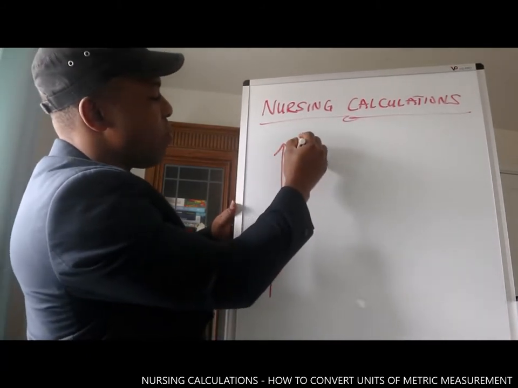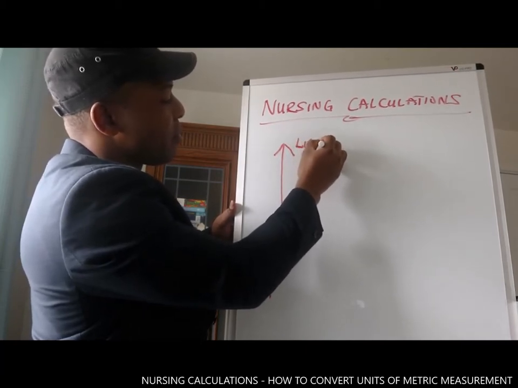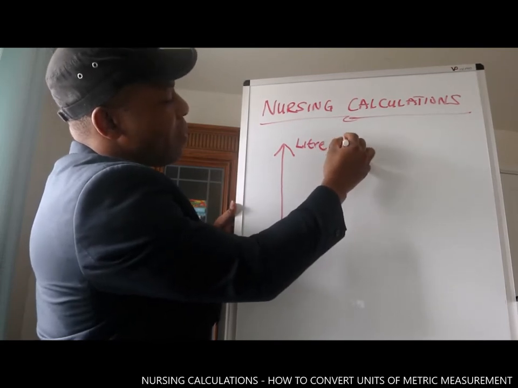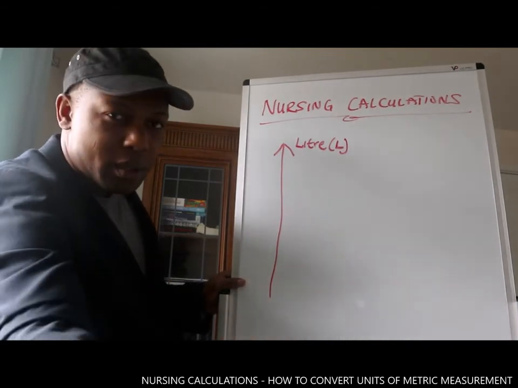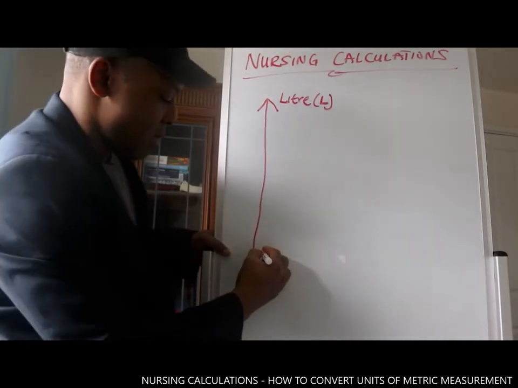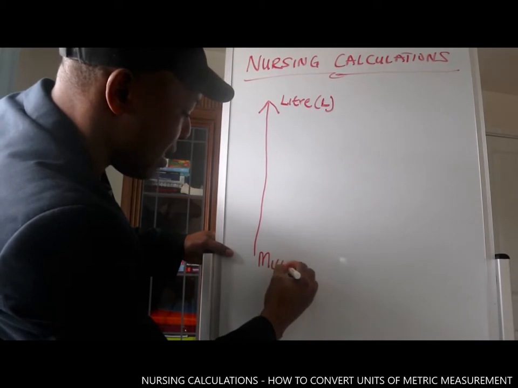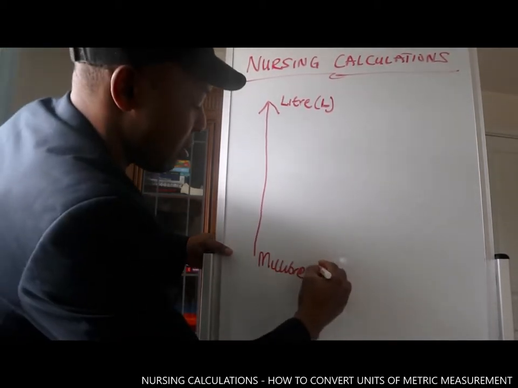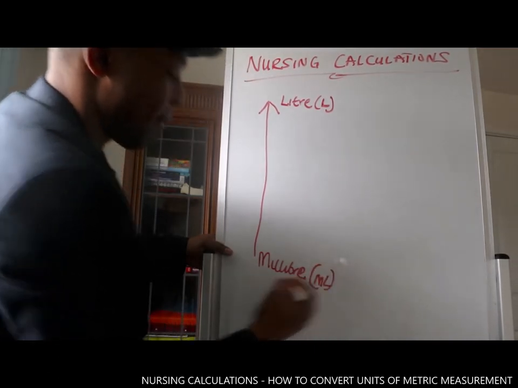Now here we have liter. The sign of liter is L. Now at the bottom here we may have milliliter, the sign is ML.